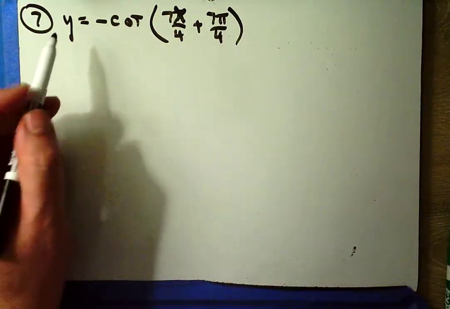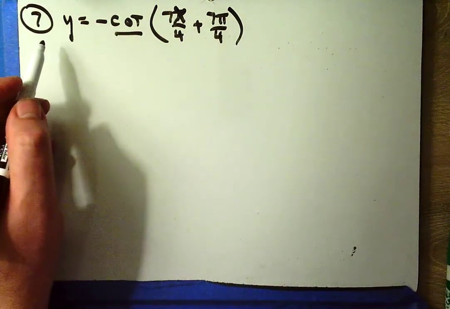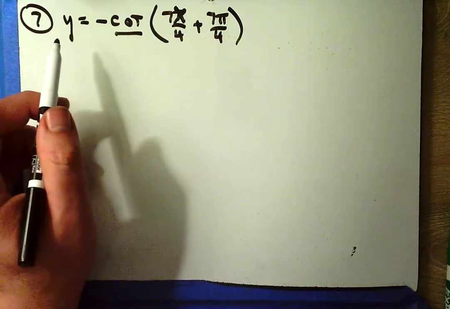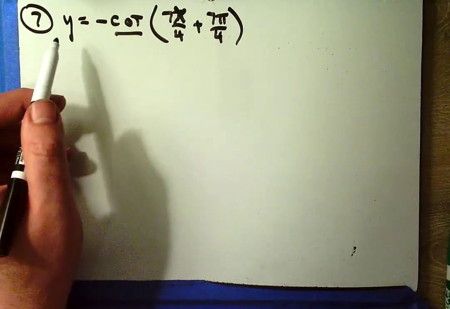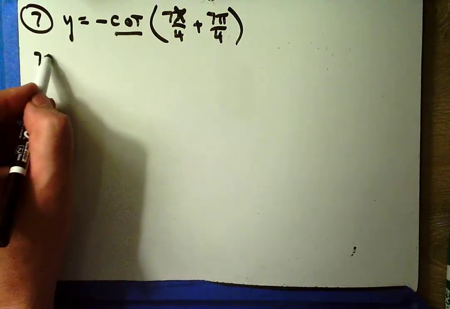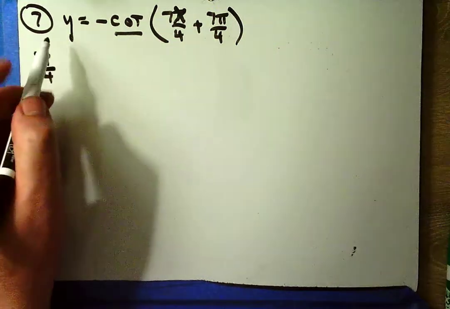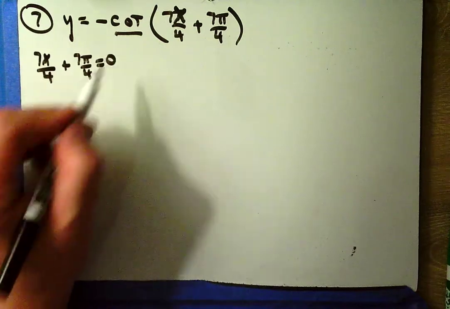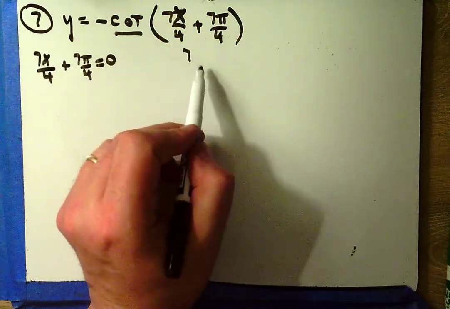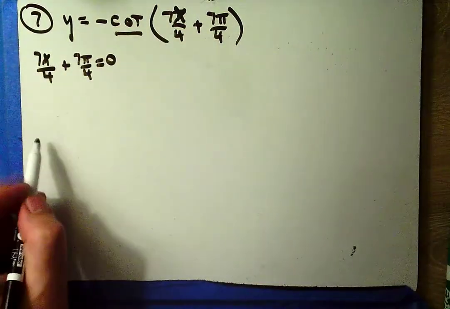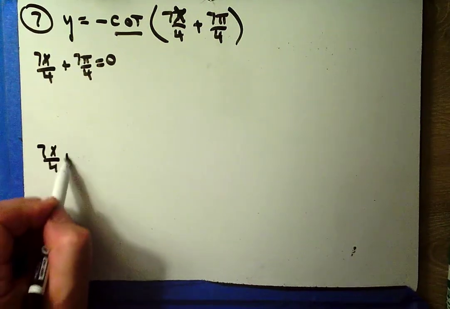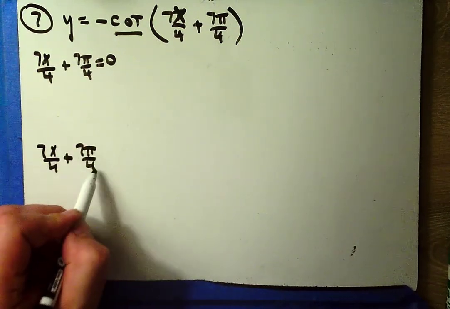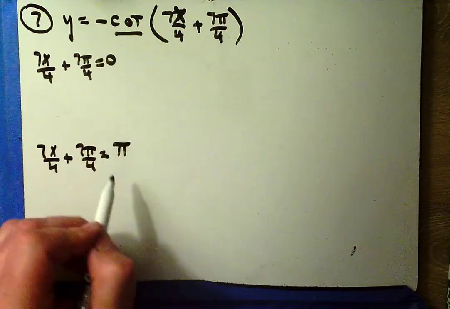Well, remember, we set the argument equal to not negative pi over 2 and pi over 2 like we did for tangent, but we set the argument 7x over 4 plus 7 pi over 4 equal to 0, and 7x over 4 plus 7 pi over 4 equal to pi.